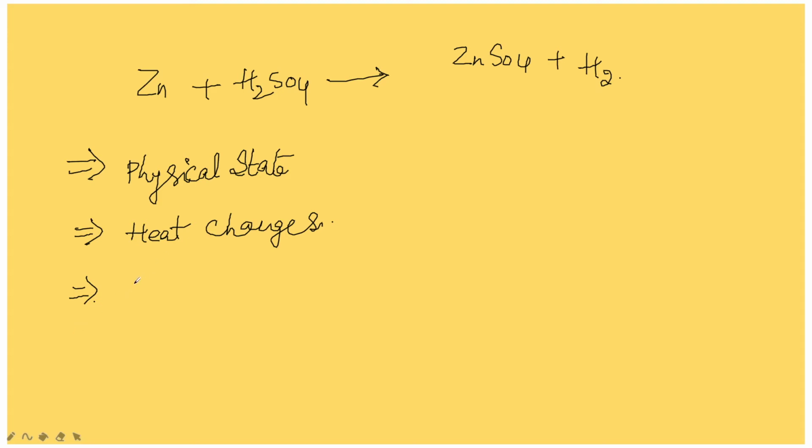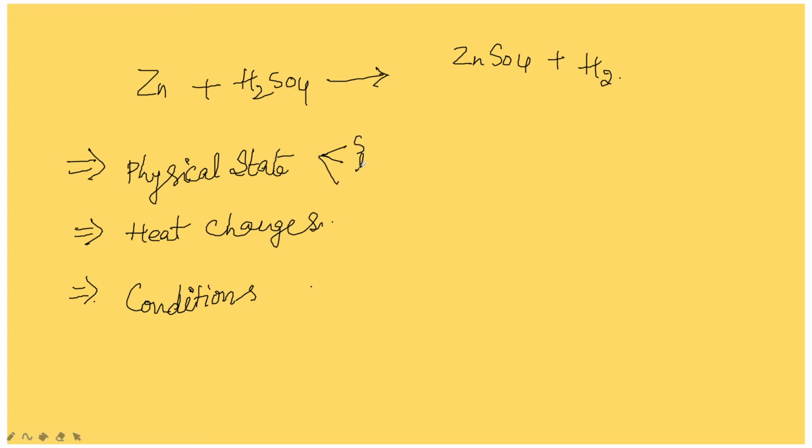Next, indicate the conditions, such as catalysts, under which the reaction takes place. So the physical state of the reactants and products, the heat change, and the conditions give more information. Now, how many states of matter are there?